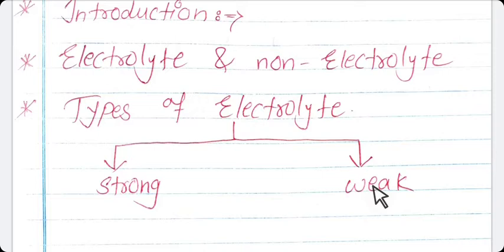You are already aware of the double-headed arrow. So the ionization reaction for a weak electrolyte is represented as a double arrow between the ions and the non-ionized molecule. So, this is about the types of electrolytes.